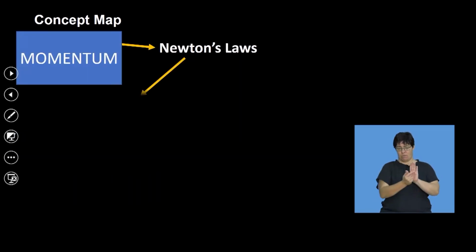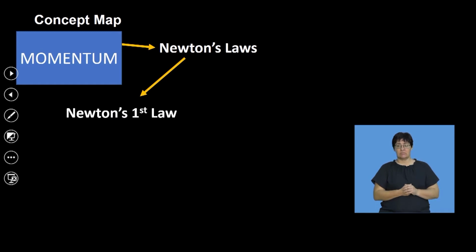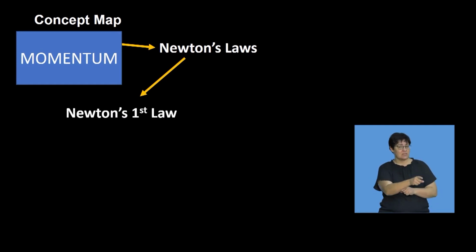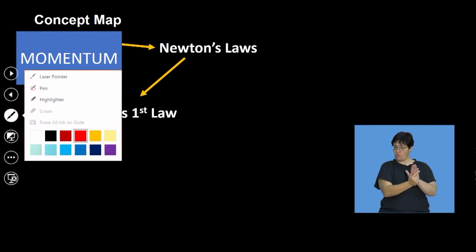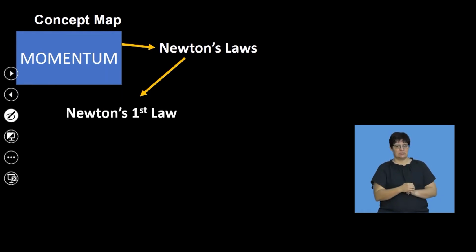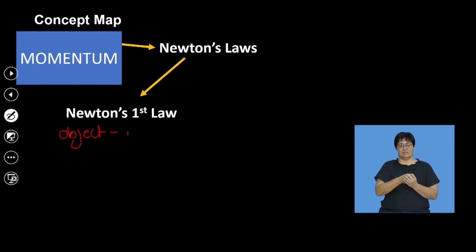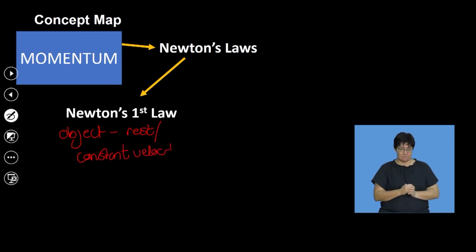The one we're specifically talking about is Newton's first law. And remember, Newton's first law, and I'm just going to write it as a sort of summary, is the one that says that an object will be at rest or at constant velocity when the resultant force on it is 0.